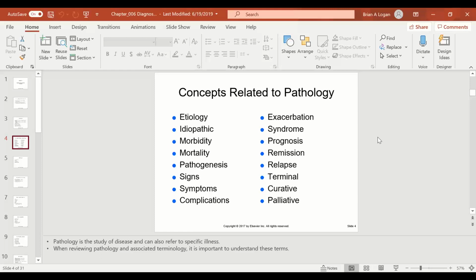Curative and palliative. Whenever you see the "tive" on the end, this is in reference to something else. So we're talking about curative procedures. Again, like with the cancer, going in and taking out a lump of cancer, and then now the patient is cancer-free. Or they were having appendicitis. We go in and we take the appendix out.